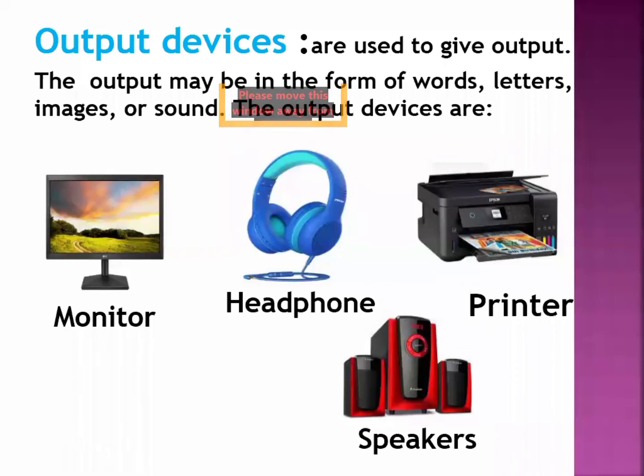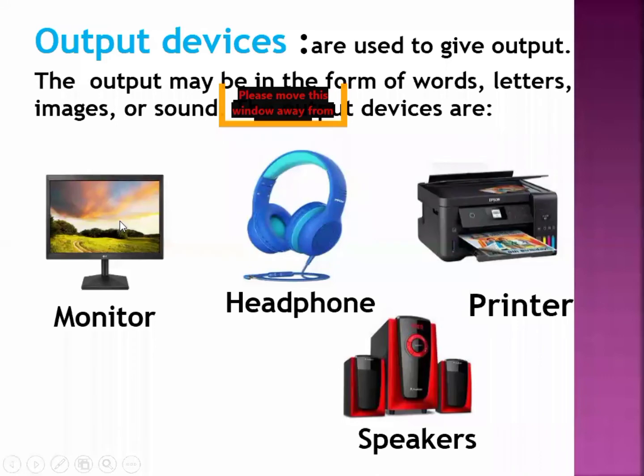Printer is also an output device. So what are the output devices? The output devices are monitor, headphone, printer, and speaker. These all are output devices because they give output in the form of words, letters, images, or sound.